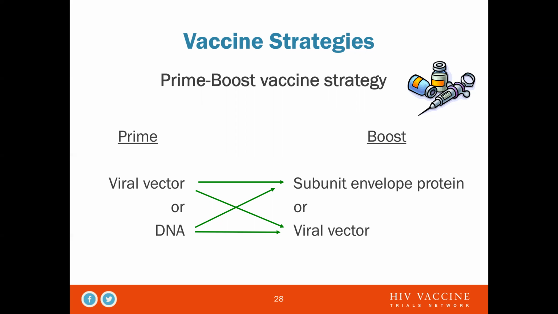One of the challenges researchers must figure out is which products work better as the prime and which work better as the boost. So far, it seems DNA vaccines seem to do better as a prime. And following the success of the Thai trial, also known as RV144, there are many new studies being designed to use a protein boost.